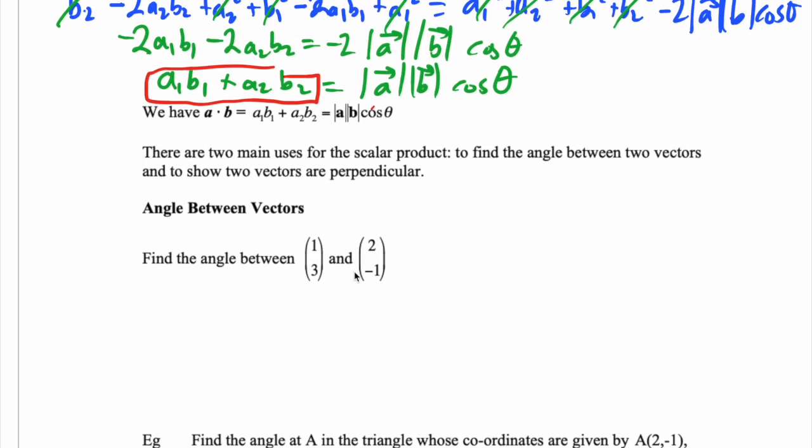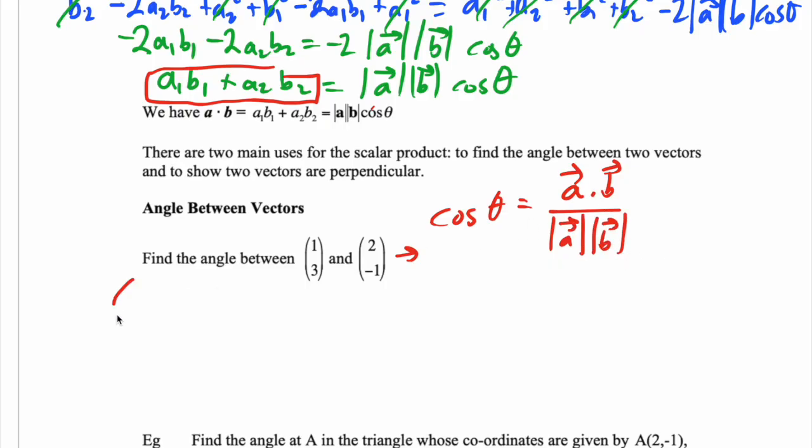Okay, so we can find the angle between two vectors here. We can use this, right? Cosine theta equals a dot b over magnitude of a, magnitude of b. And that's it. You just got to figure it out. So the dot product is by definition a1b1 plus a2b2. So that means do 1 times 2 plus 3 times negative 1.